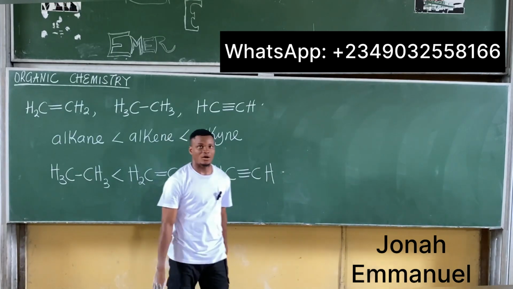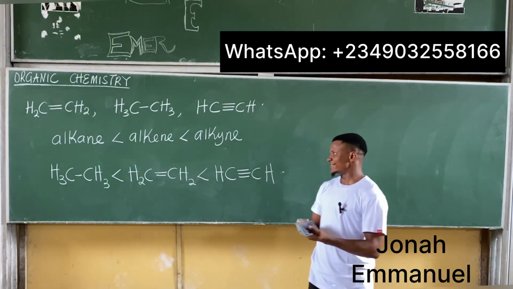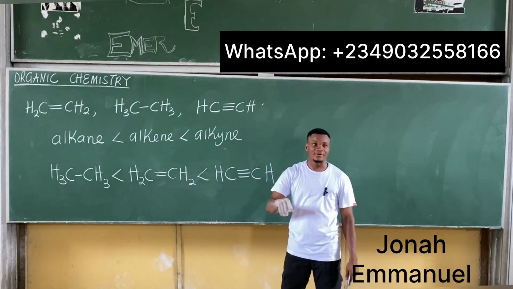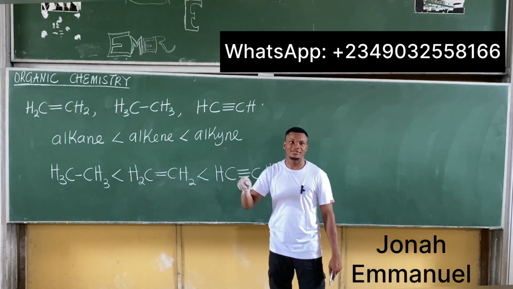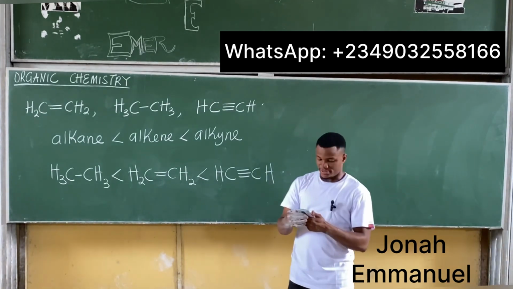That's in order of increasing. If it's order of decreasing, what will it be? Alkyne is greater than alkene, greater than alkane. So I think that's the answer to this question.